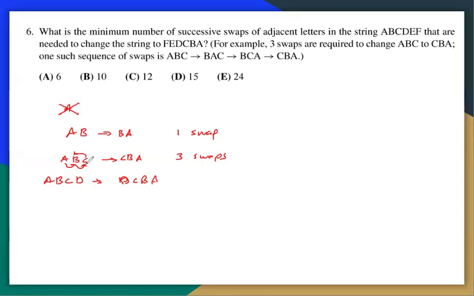A and C are switching, which means that move should be counted 1 lesser. So for this case, I will say A requires 2 moves to move all the way to its location. But for C to move to its location, we need 1 lesser move because one of those moves is already counted in this 2, which is why we got this 3. So I hope that was clear.